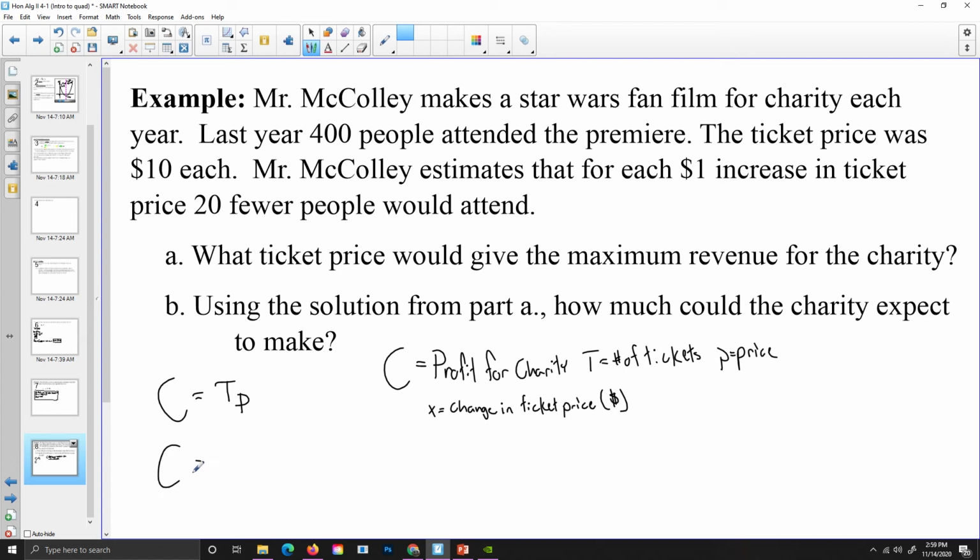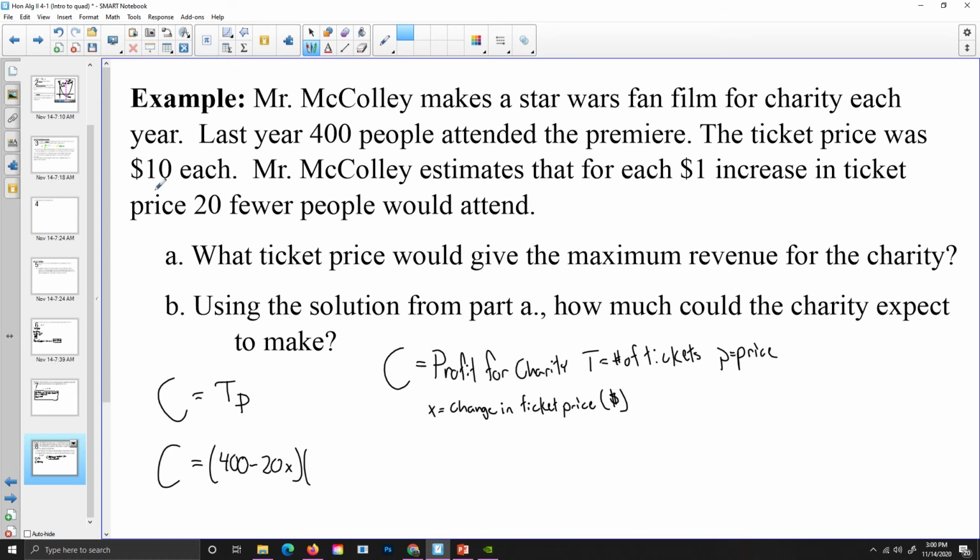So in my final equation here, I start with the 400 people that attended, and then for every $1 change, 20 people will be subtracted. So if I make it $11, that will be a $1 change, so I'll only have 380 people attend.